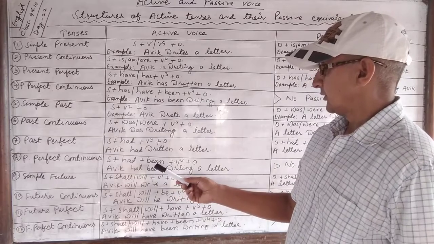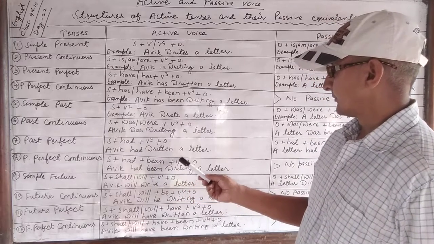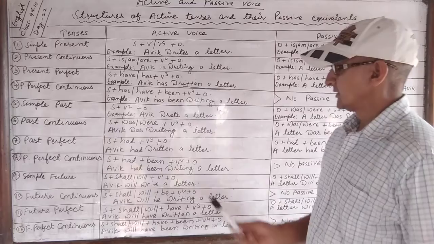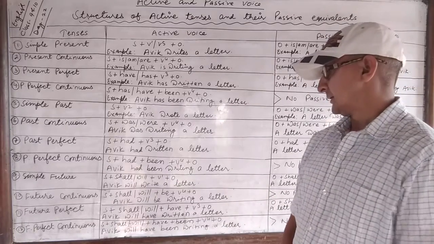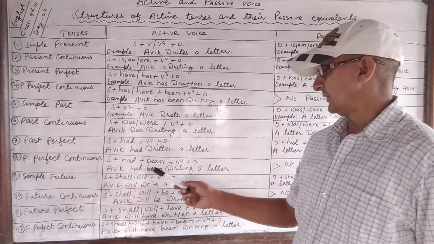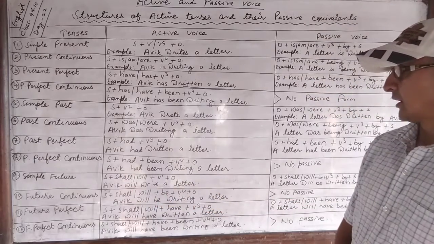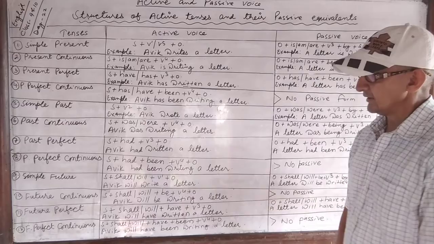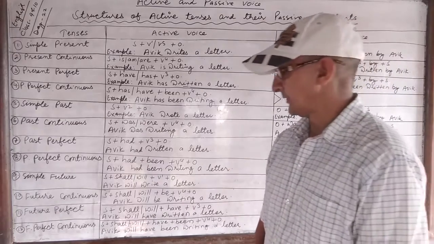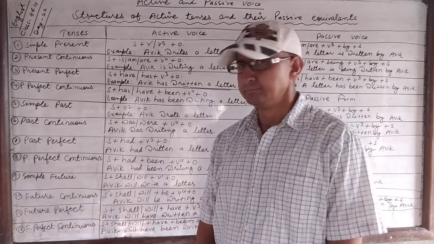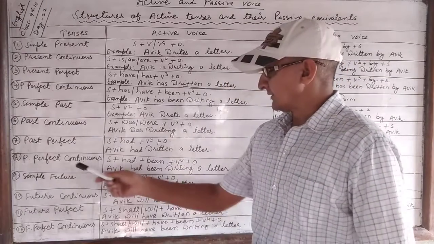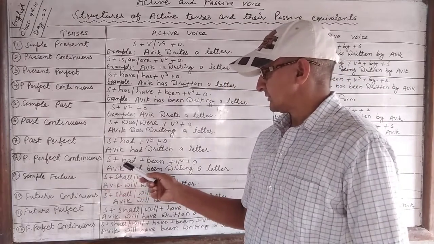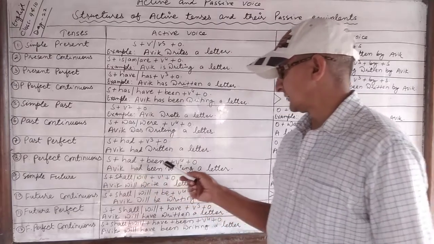After had we use been, and then V-ing plus object, the verb in ing form. The example is Avik had been writing a letter. Avik had been writing a letter is the example of past perfect continuous tense. In this way, we write the structure of past perfect continuous tense.